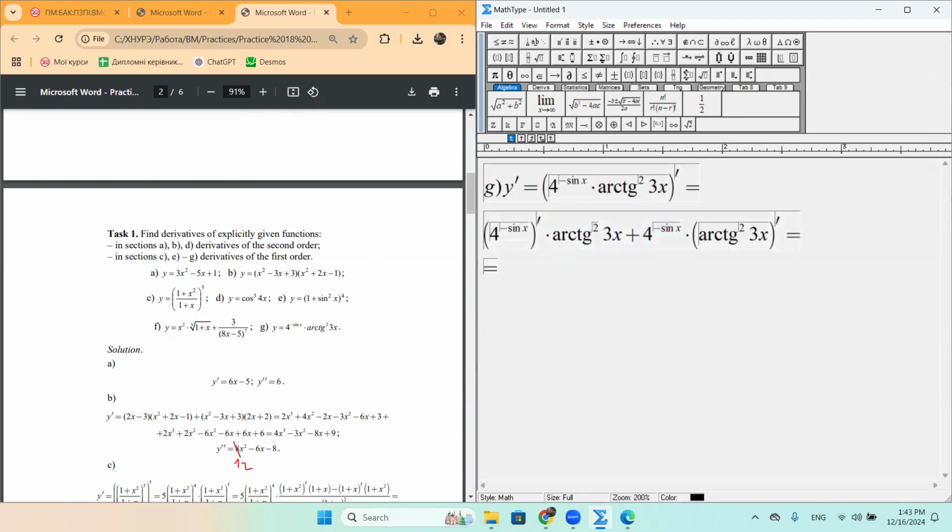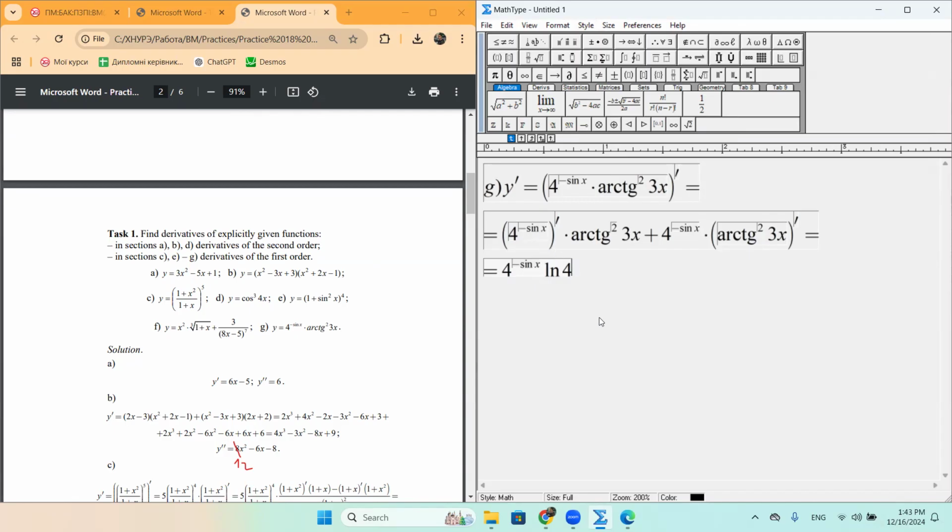And now we differentiate these compositions. So a derivative of this function. So first of all, how to differentiate the exponential function? So 4 in the power of minus sine of x multiplied by logarithm of 4. And now we need to differentiate minus sine of x.